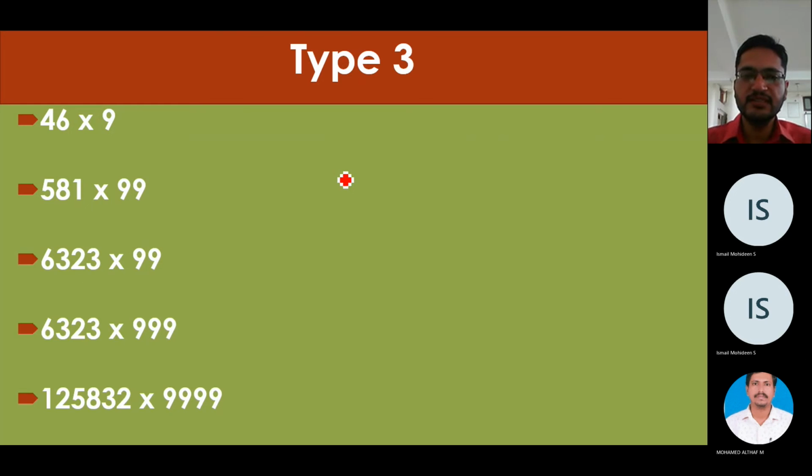So last, 6323 with 3 nines. Here we have 3 numbers, 3 nines. So in the first step I will add 1 in this number. 6 plus 1, that is 7. So I will subtract 7 from this number, the whole number. So the answer is 6316.